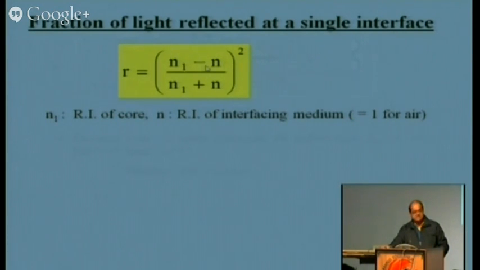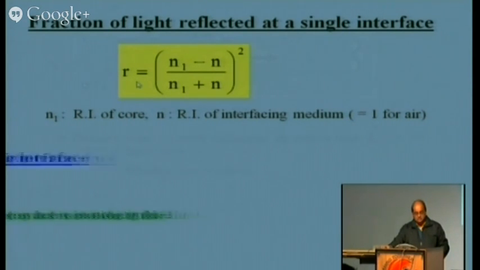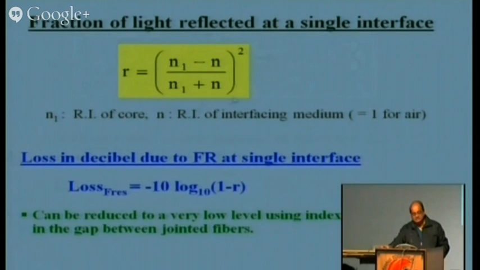So N1 minus N, the smaller it is, the smaller will be R. So I can calculate the Fresnel reflection at the interface. When you are evaluating the Fresnel reflection, you have to evaluate it twice, one from N1 to N, again N to N1. It is in the square form, so it hardly matters. So we can calculate how much is the Fresnel reflection at an interface.